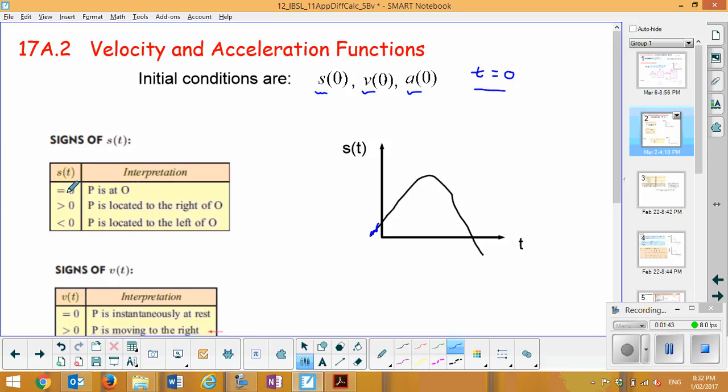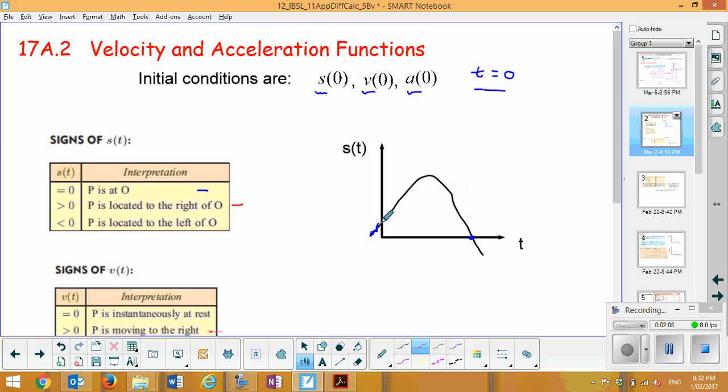So when our displacement is equal to 0, I'll do it with blue. Here we have a position where the displacement is 0, so it's at the origin. According to this graph, if our value for displacement, s of t, is greater than 0, I'll do that in red, that's all this region here.